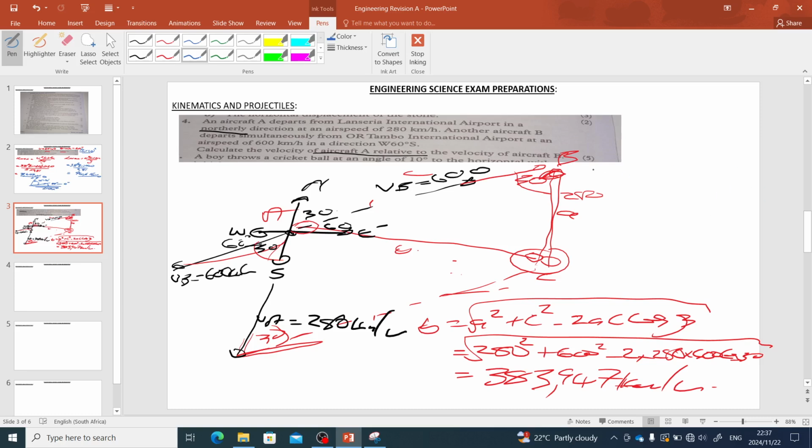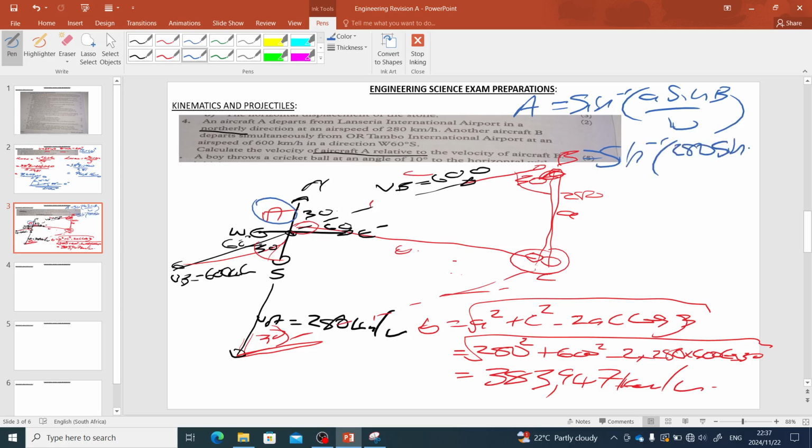Then in calculating the direction, we'll be using the sine rule. The sine rule, we are determining the big A. That means it will be big A equals the inverse of sine of small a sine B over small b. The inverse of sine, our a is 280 multiplied by sine 30 divided by 383.947.